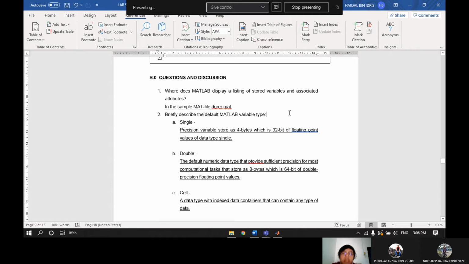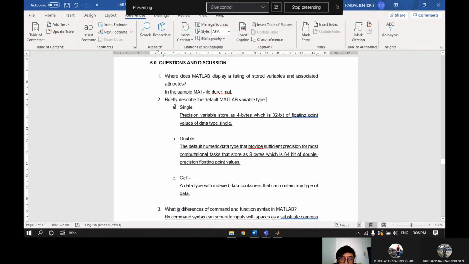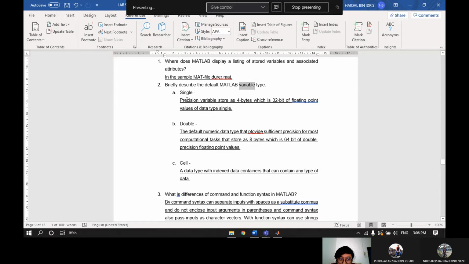For the second question, briefly describe the default Matlab variable types. The variable type is the type of variable that we use to execute the code in Matlab. Single is for single precision variables stored as 4 bytes, which is 32-bit floating point values.